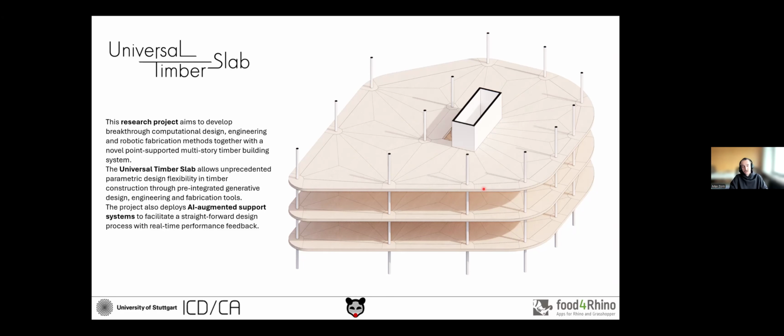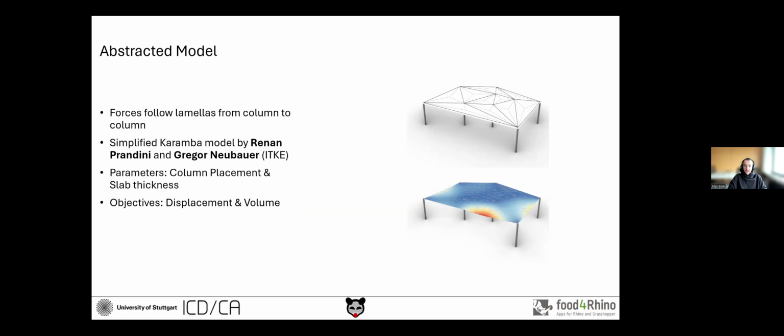So the project is called the Universal Timber Slab, and we're developing a new timber building system, as the name suggests. The project is funded by the EU, and like I said, it's conducted at the University of Stuttgart.